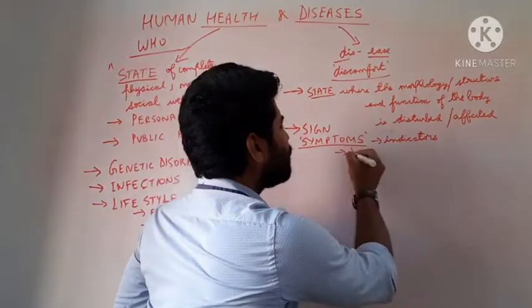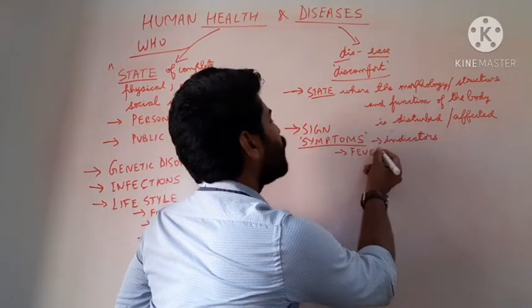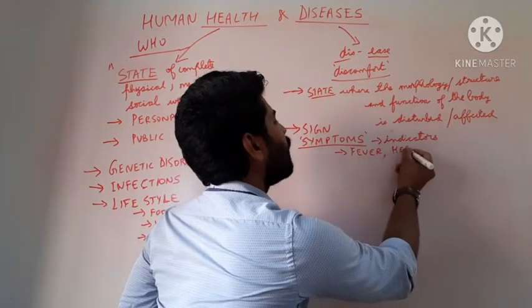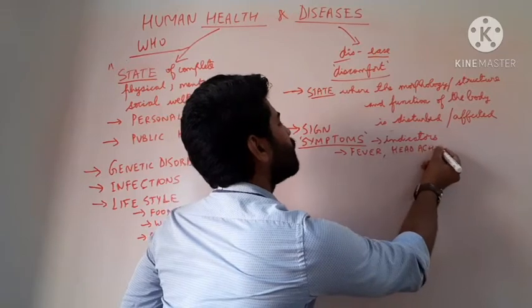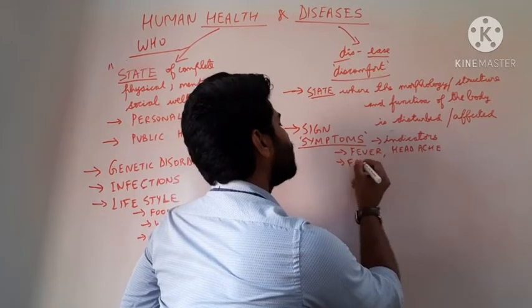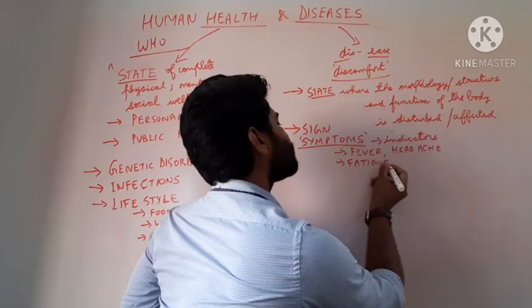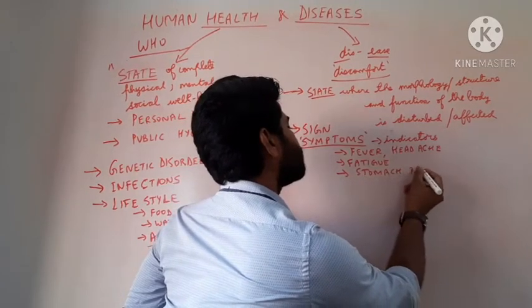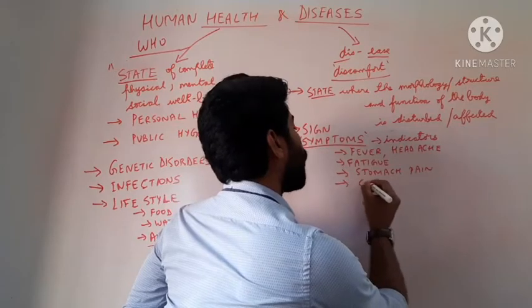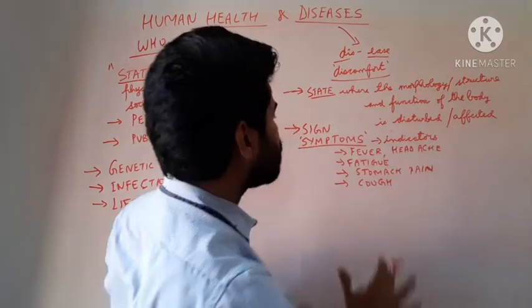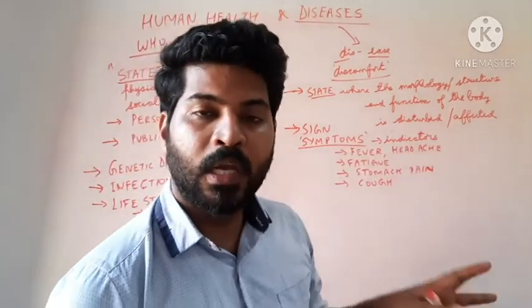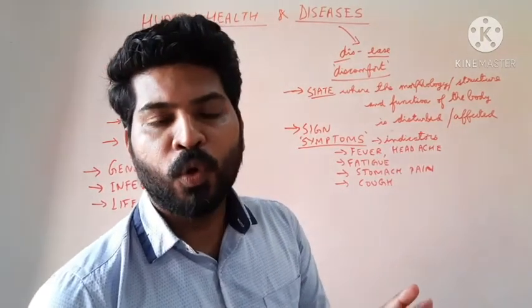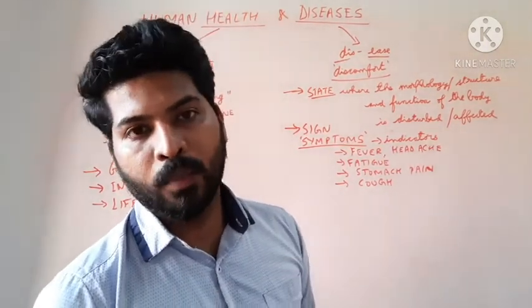Some of the common symptoms are fever, headache, fatigue, that is tiredness, then stomach pain, cough. So these are the most common symptoms which let us know that something is wrong with the body.